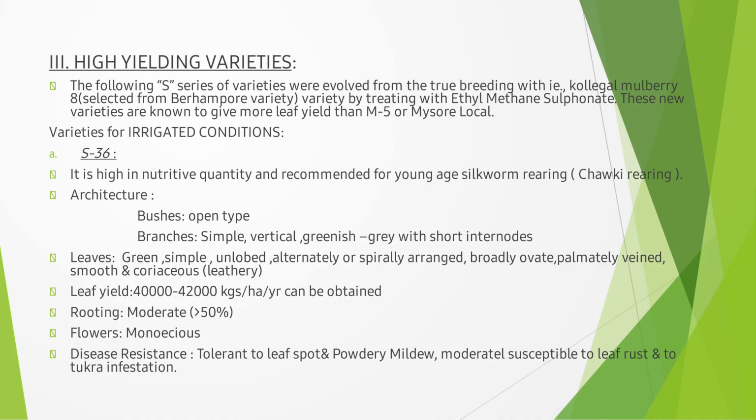The rooting ability is moderate, greater than 50%. The flowers are monoecious and it is tolerant to leaf spot and powdery mildew, and moderately susceptible to leaf rust and tukra infestation.